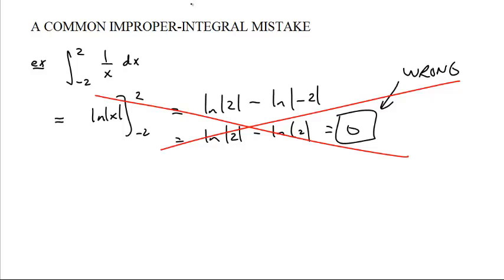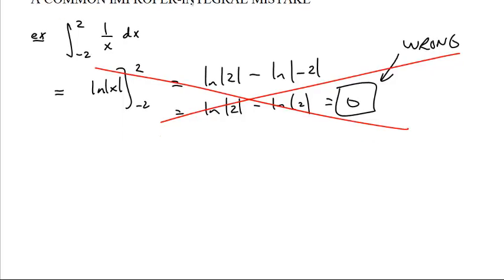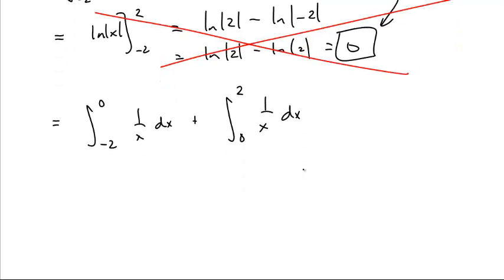Let's try again. Here's a slightly more subtle but also popular mistake. A lot of people say, okay, we split it up: the integral from -2 to 0 of 1 over x dx plus the integral from 0 to 2 of 1 over x dx. Being diligent, that 0 is where problems are happening. So the 0 is the problem.